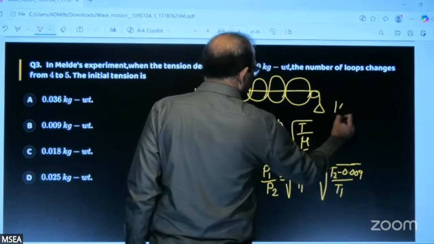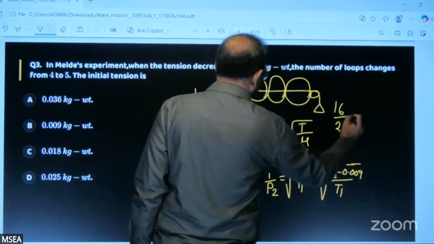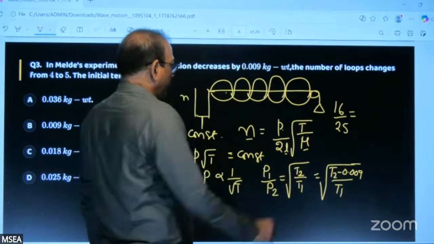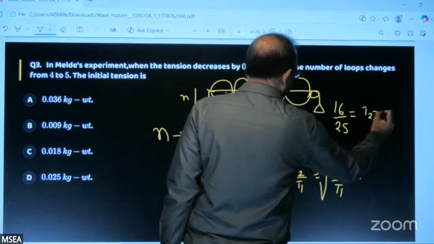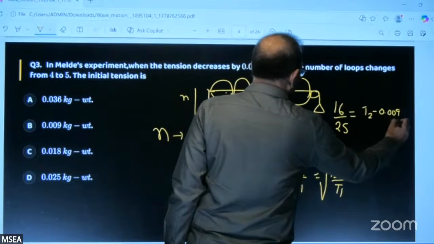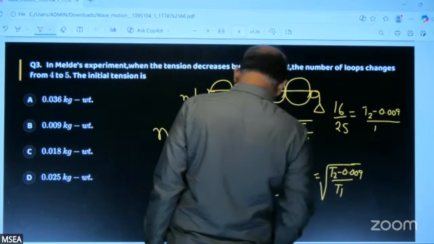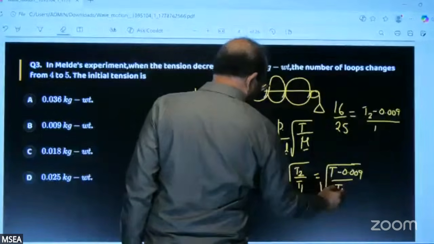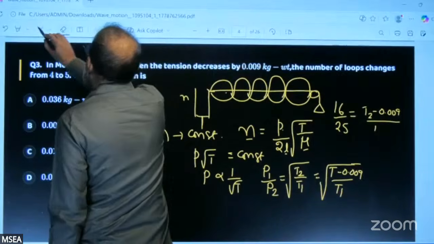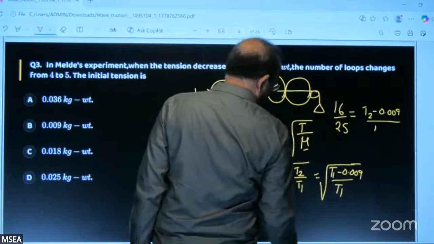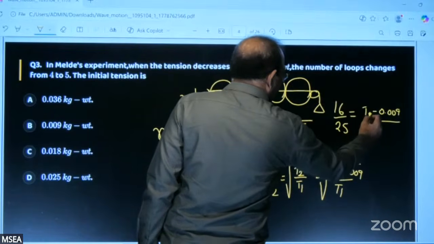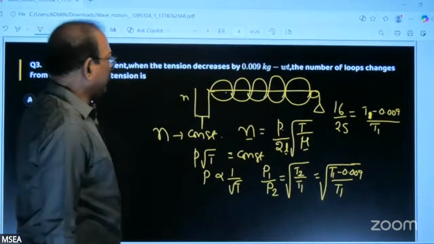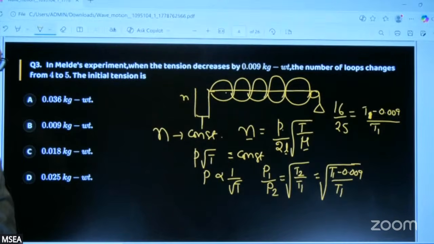Now square both sides: 16 by 25 is equal to T1 minus 0.009 by T1. Cross multiply that and find T1.